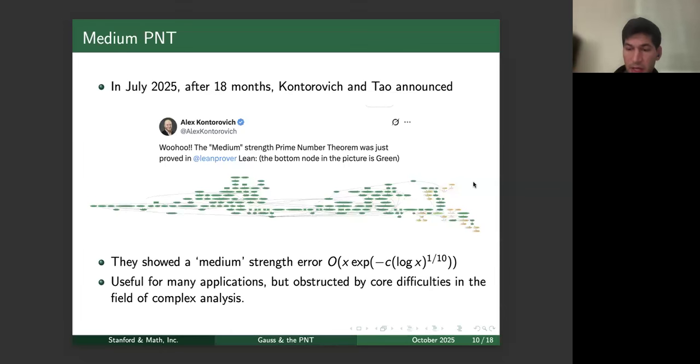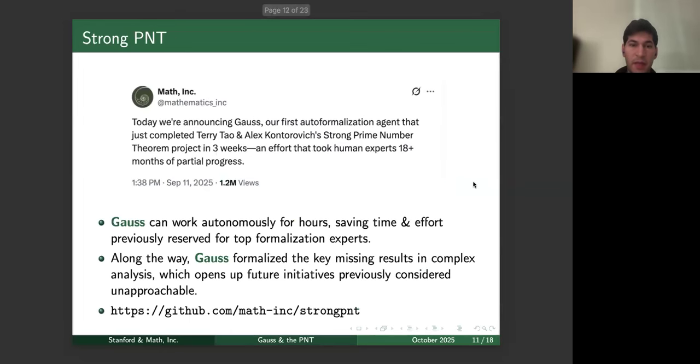So with that as context, the main result I want to talk about today is a new, formal proof of the so-called strong prime number theorem, this full classical result, which was accomplished in 3 weeks of computation and interaction with human oversight, where the agent Gauss was able to work autonomously for hours at a time and liaise with, in this case, me, a human expert.